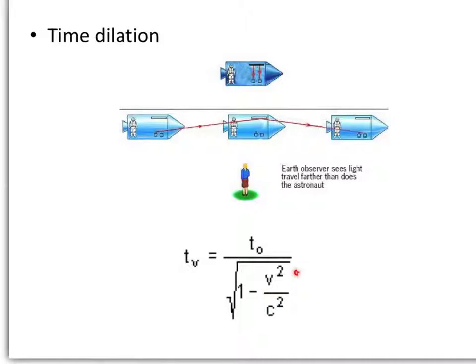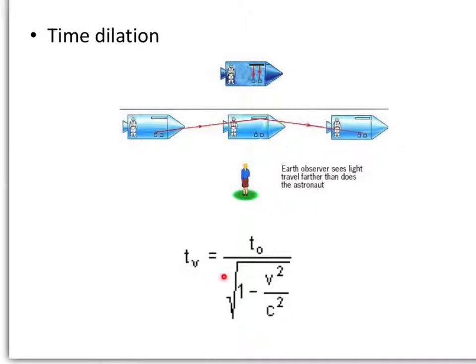But it does exist, and if we take a quick look at this formula here, we can see, first of all, that if the object is at rest, the two times are the same. That's because if the object is at rest, v is 0, that makes this whole fraction 0. That makes this just 1. The square root of 1 is 1.